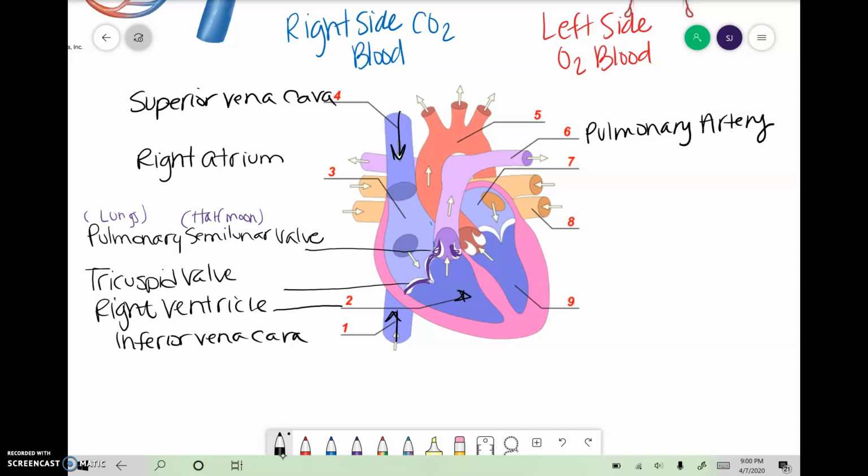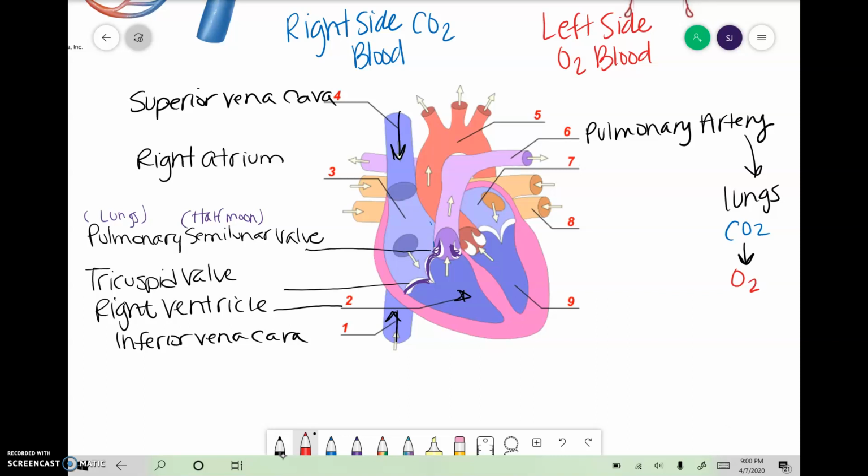Normally that blood is oxygen rich, but in this case it is not. Okay, it is carrying blood to the lungs where carbon dioxide is exchanged for oxygen. Okay, so once it's gone through the pulmonary arteries, we now enter the left side.